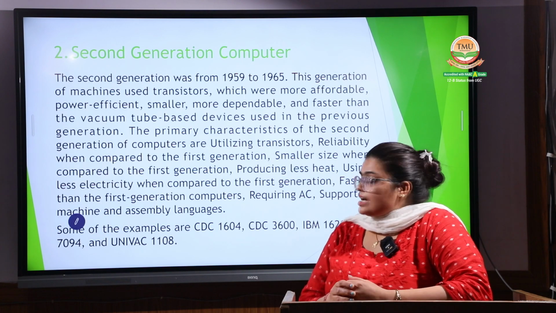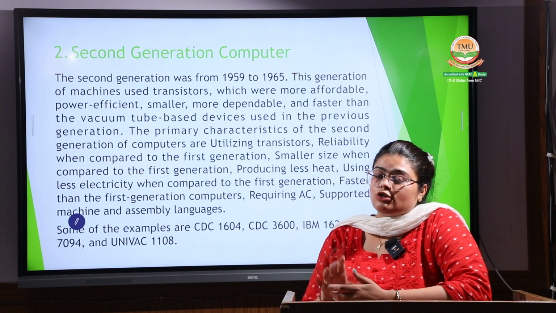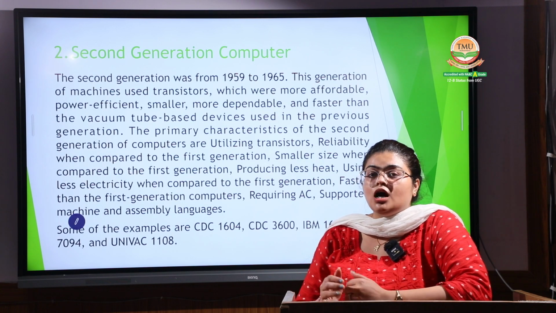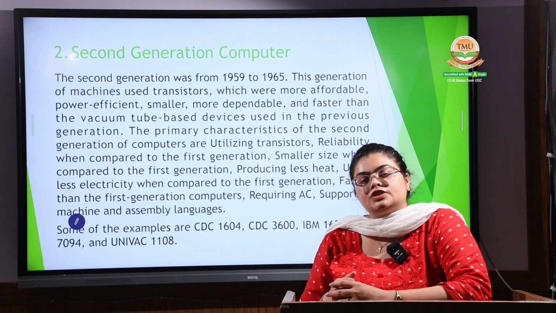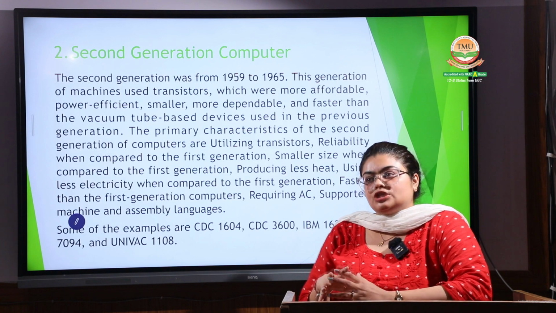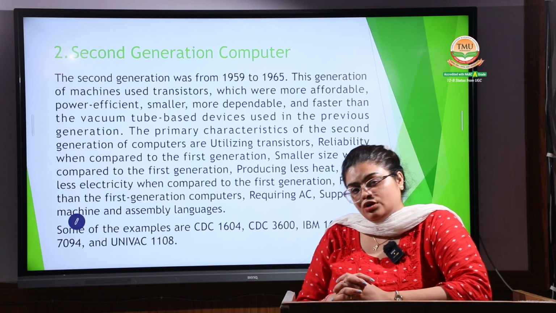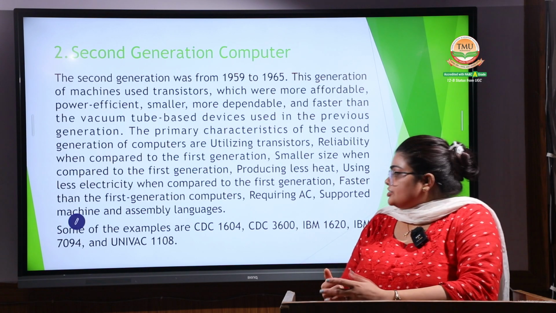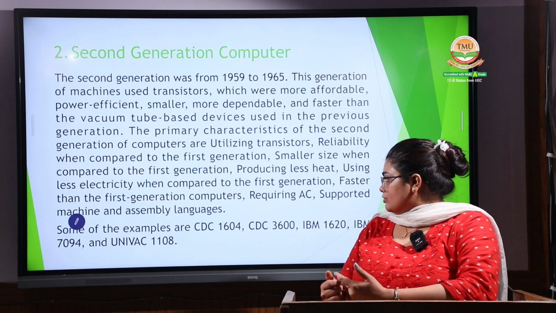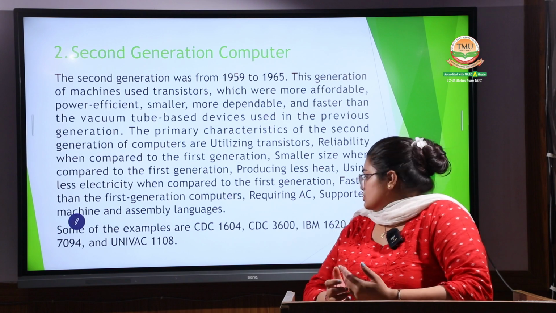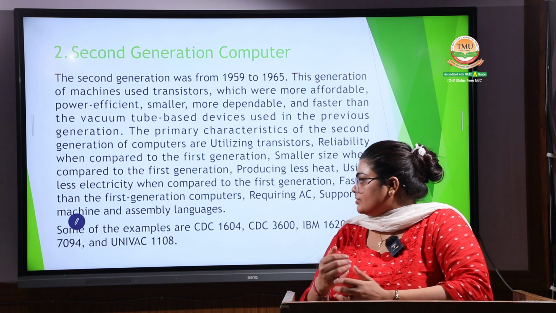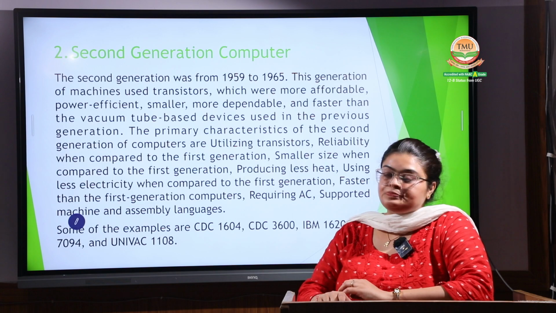They are smaller in size, and also they do not produce a lot of heat in comparison to the first generation. But according to the advancement of technology, these generation computers are also not well satisfying. Some of the examples of second generation are CDC 1604, CDC 3600, IBM 1620, IBM 7094, and UNIVAC 1108.